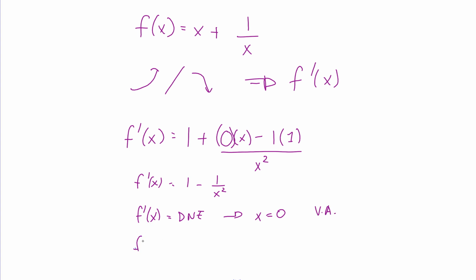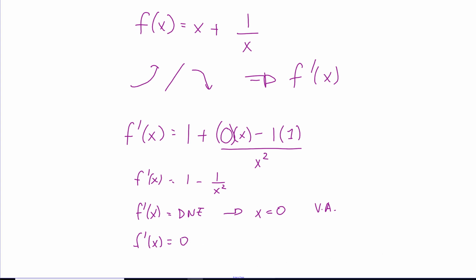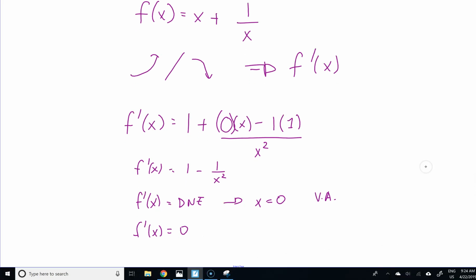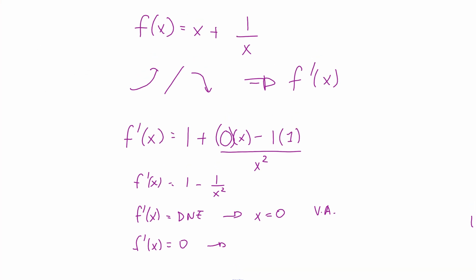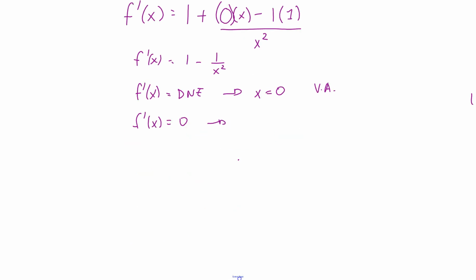And we know that f prime is equal to 0. So then what can we do? We can set it to, therefore we have, zero is equal to 1 minus 1 over x squared.